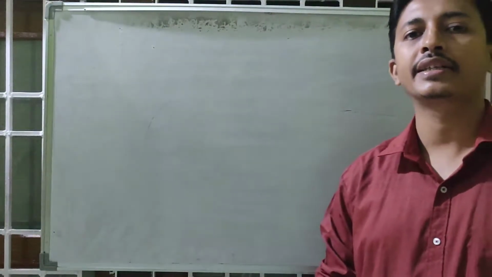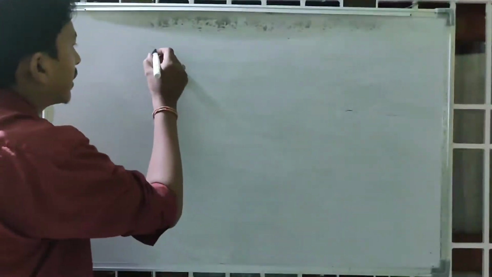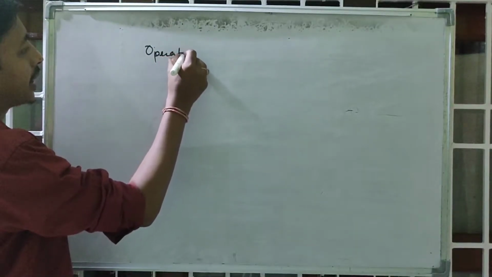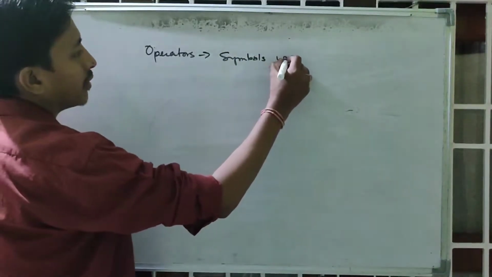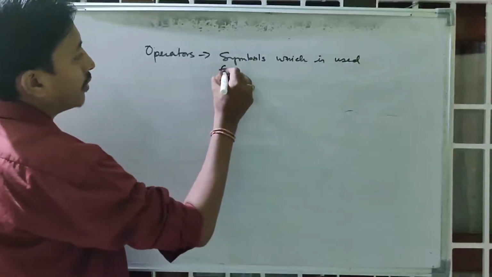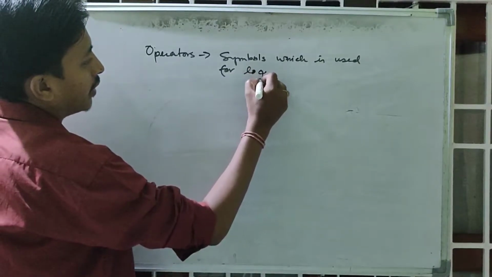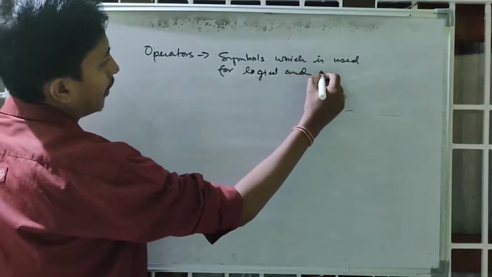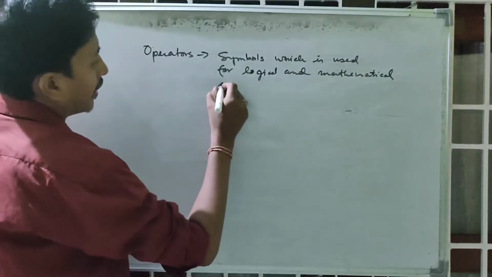First of all, you have to know the operators. What are operators actually? Operators are nothing but symbols which are used for logical and mathematical manipulation.